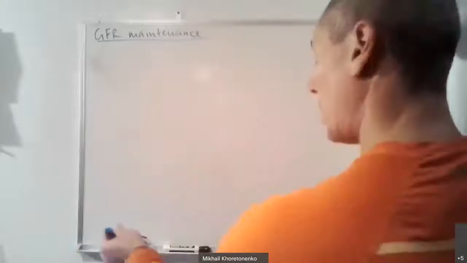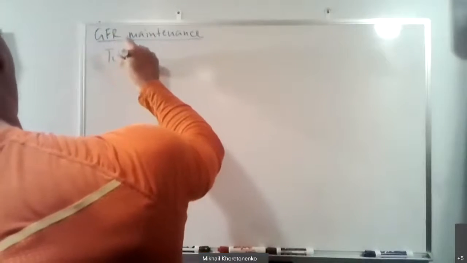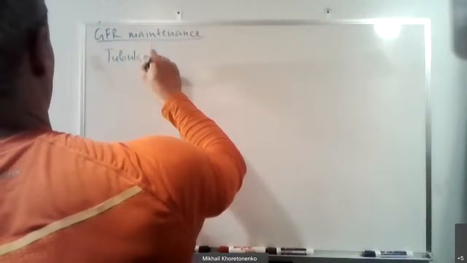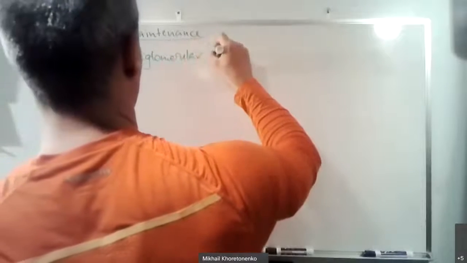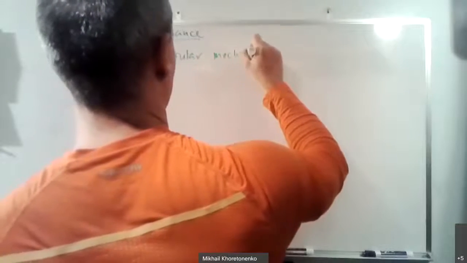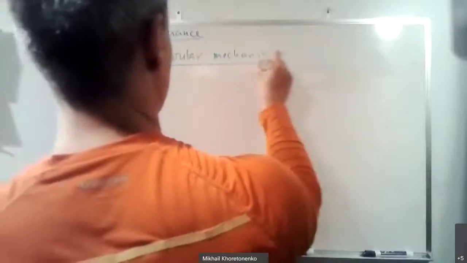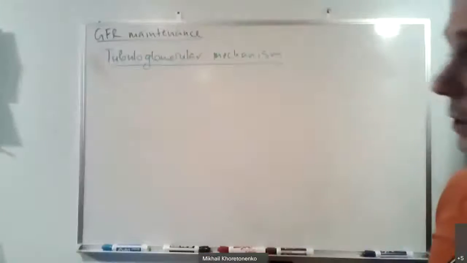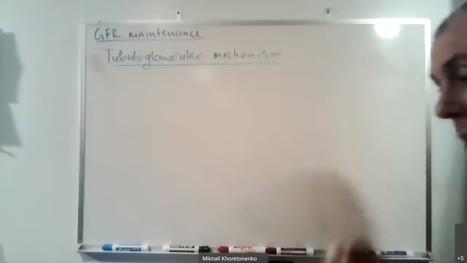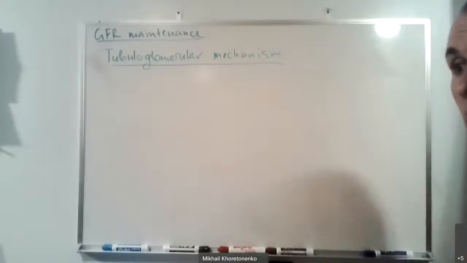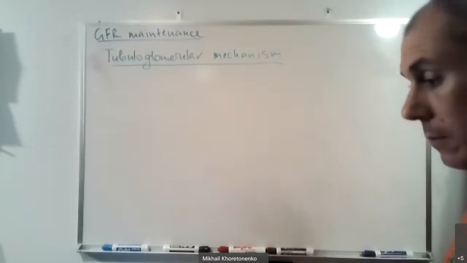This is going to be the conversation about the so-called tubuloglomerular mechanism. It has a lot of steps, which we will figure out together. Before we talk about those steps, I want to highlight something.